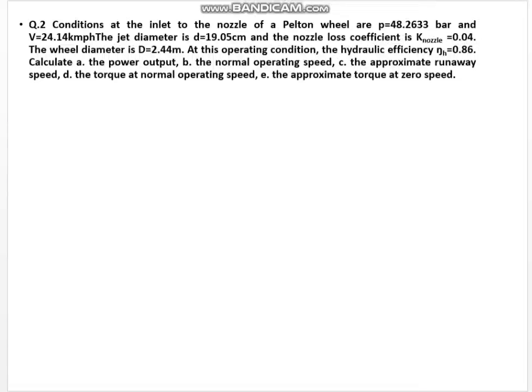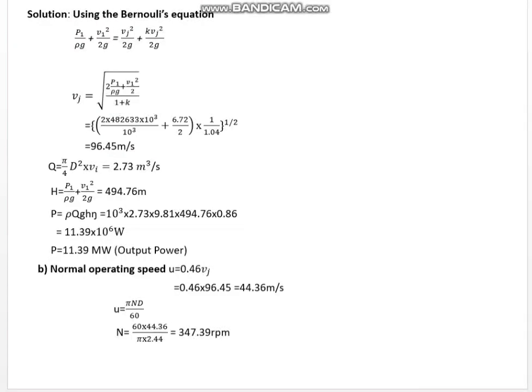Now, we use the Bernoulli equation, that is energy at inlet is equal to energy at outlet. K is the loss coefficient. To balance the equation, we use K, the loss coefficient. We have to consider all the energies.